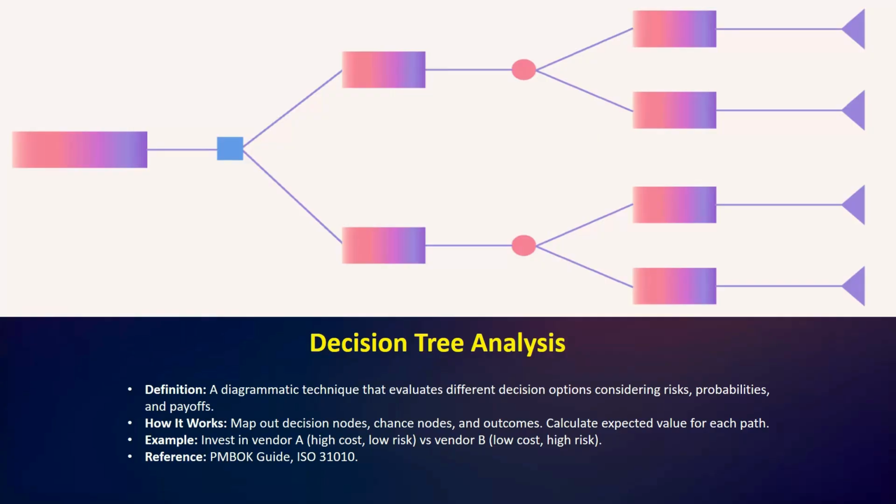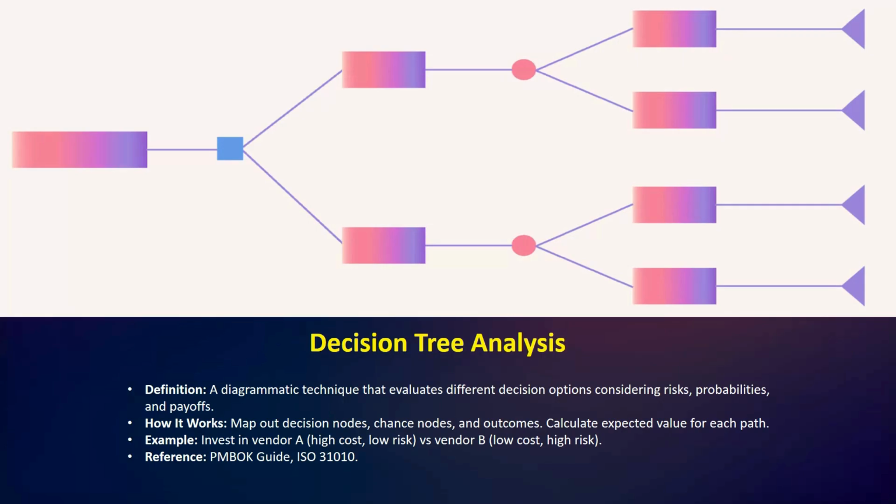By calculating the expected value of each path, you can compare options like choosing between vendor A and vendor B, for low cost, high cost, low risk, high risk, and then make the most informed decisions.